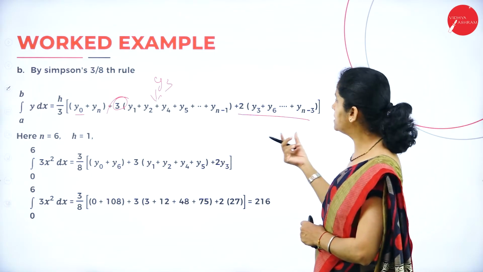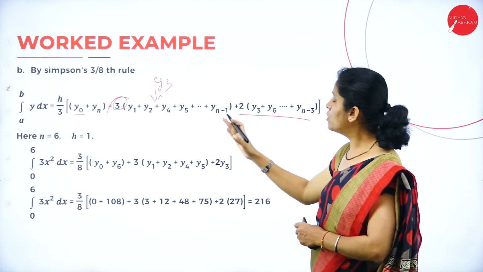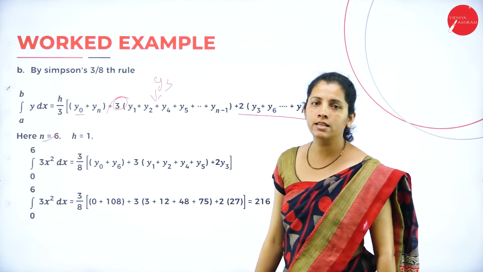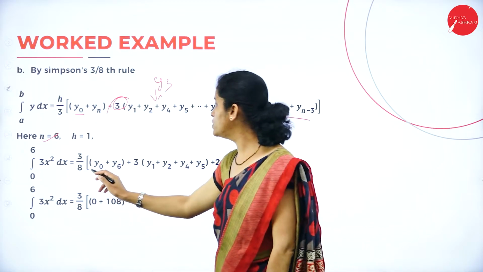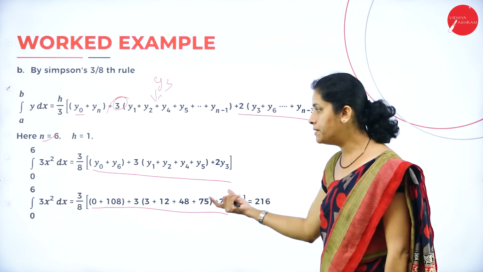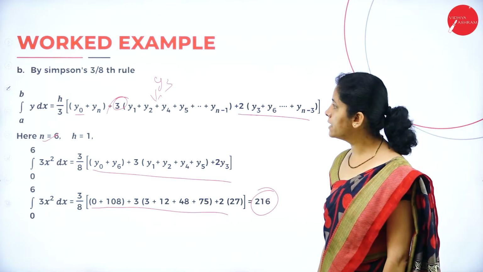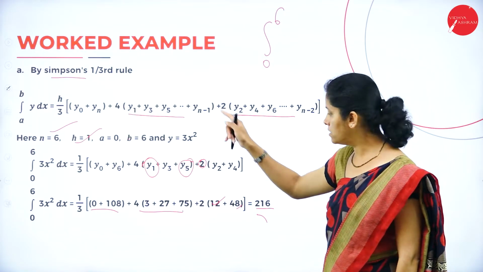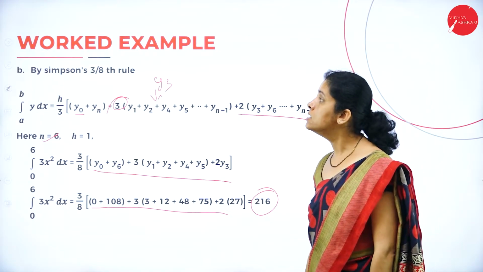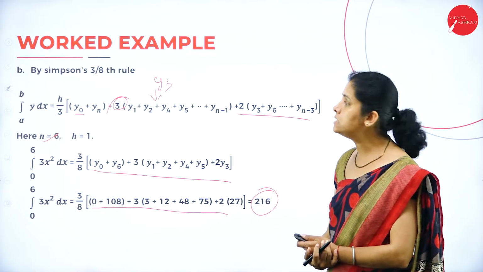That means except the number which is multiplied by 3, I want to consider here. Now n is nothing but 6, h is nothing but 1, and I'm going to substitute the values. After that, when I simplify this, I'm going to get the answer 216. If I consider Simpson's 1 by 3rd rule, I'm getting the answer 216. Even if I consider Simpson's 3 by 8th rule, I'm going to get the answer 216.